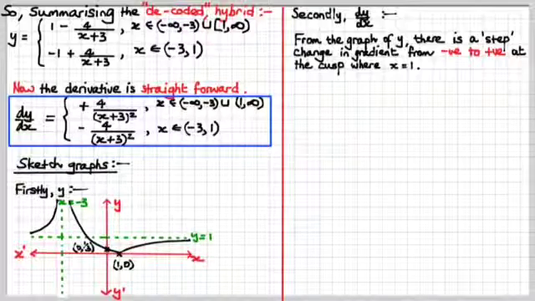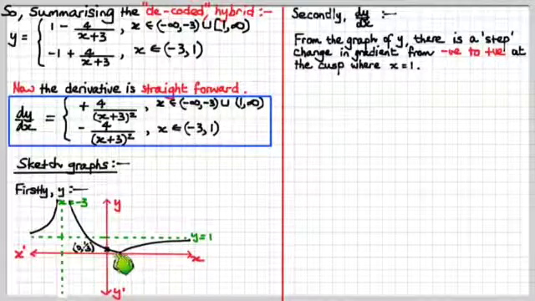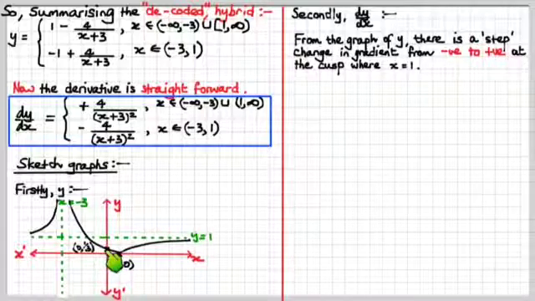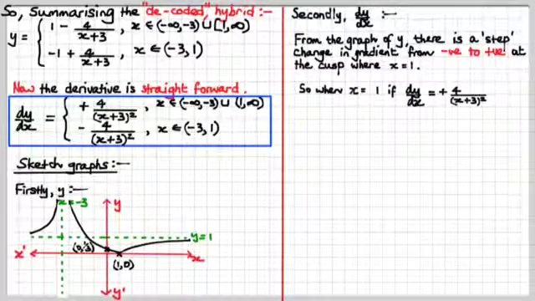Now dy dx, now we have to deal with that. From the graph of y, you can see there's a step change in gradient from negative here to positive there, instantaneously at the cusp where x equals 1. Okay, so let's just have a look at this.